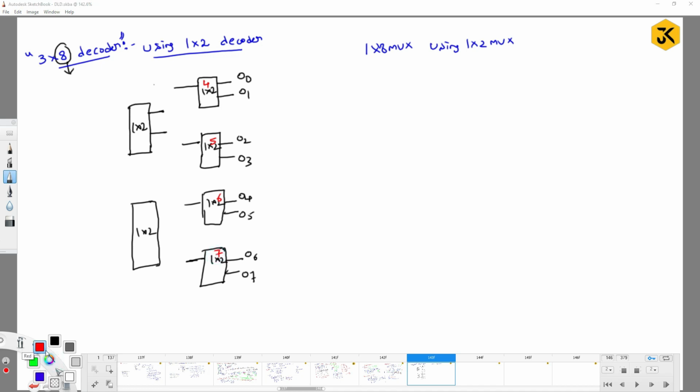So here, for this 1/2 decoder, the second decoder's first line is meant for the control of the fourth decoder, and the second line is meant for the control of the fifth decoder. Okay. Similarly, I am going to use once again one more 1/2 decoder.